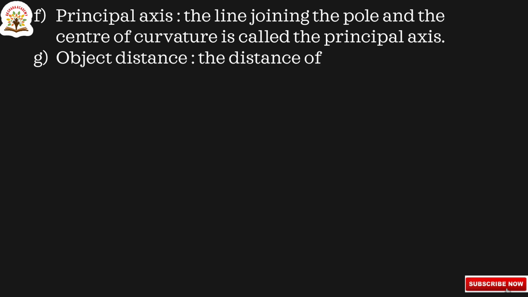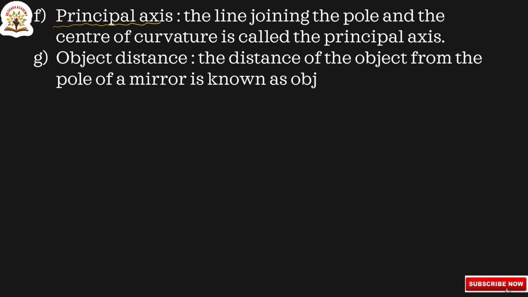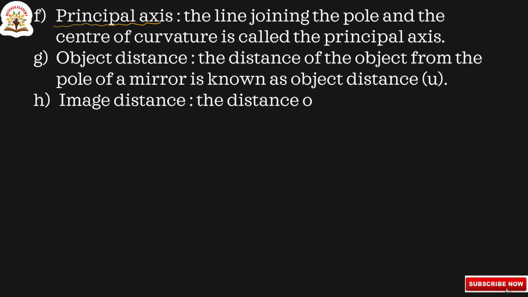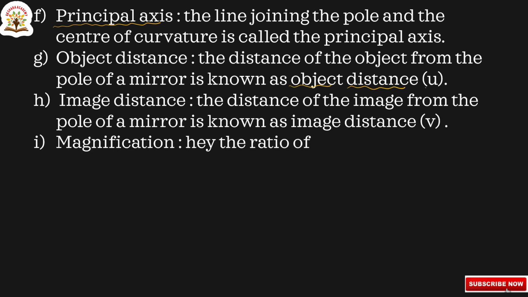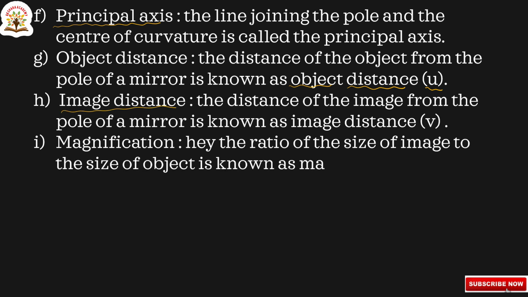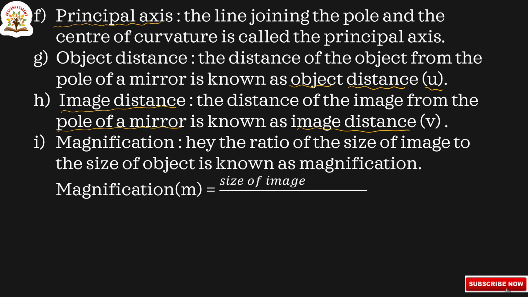So, principal axis is a horizontal line which passes through the pole and center of curvature. Object distance. The distance of the object from the pole of a mirror is known as object distance. It is denoted by letter U. Image distance. The distance of the image from the pole of a mirror is known as image distance. It is denoted by letter V.